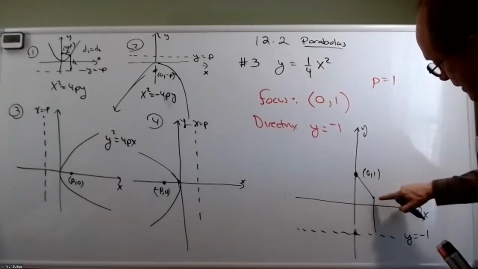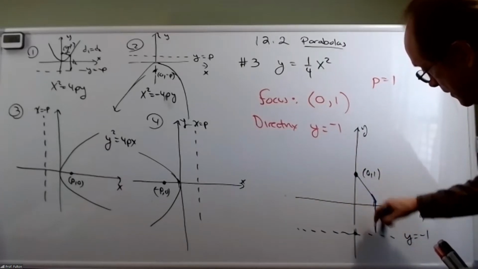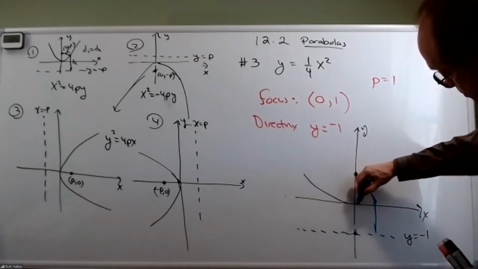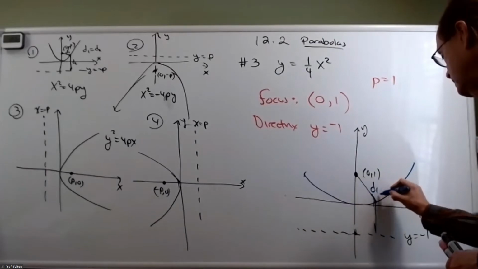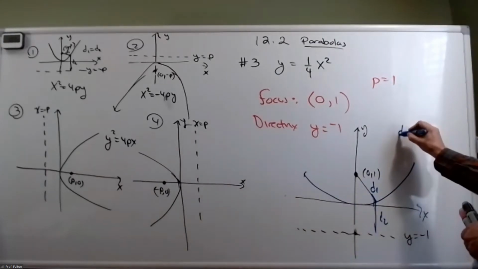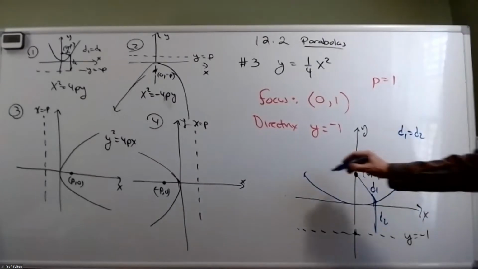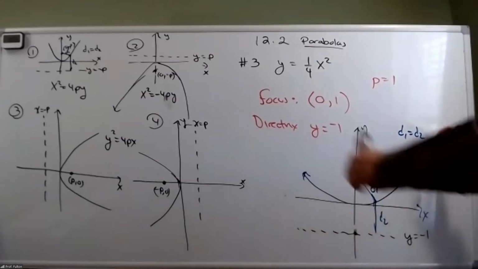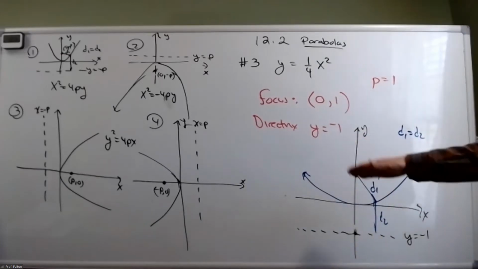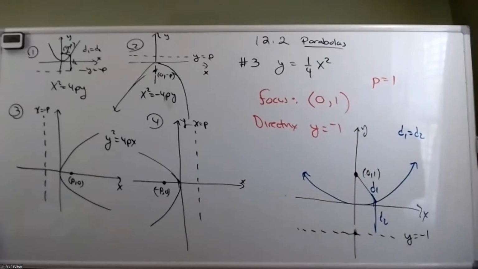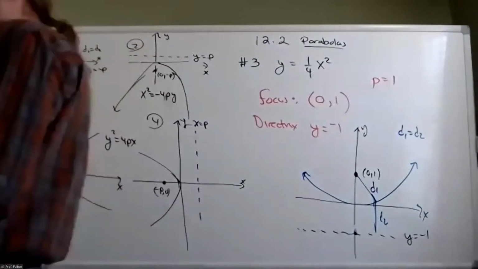It actually comes down a little bit more. The parabola looks like that. Here's my D1 and D2, and you have to establish that they're always equal, and that'll define the shape of that parabola right here. Everyone kind of see that now? Anyone not following suit?